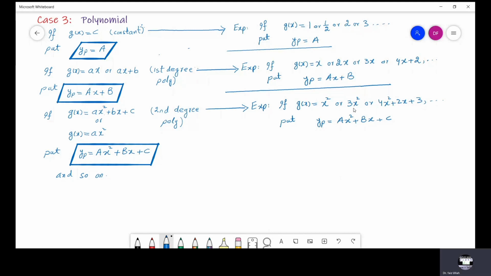If g of x is equal to 3x square or 4x square plus 2x plus 3, use yp is equal to ax square plus bx plus c, and so on. And so on means if g of x is a third degree polynomial, it means if g of x is equal to ax cube, we shall just generalize this and write yp is equal to ax cube plus bx square plus cx plus d, and so on.